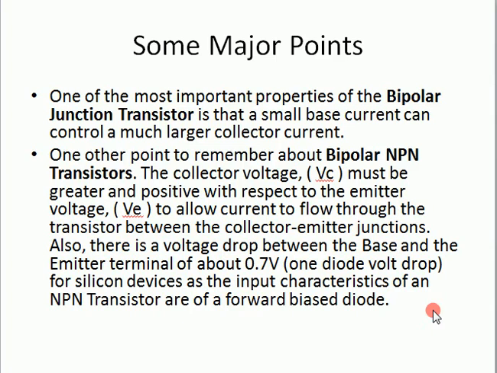And one more thing, in the bipolar NPN transistor, the collector voltage VC must be greater and positive with respect to the emitter voltage VE, to allow the current to flow through the transistor between the collector and emitter. Also, the voltage drop between the base and the emitter terminal is about 0.7 volt, which is the one diode voltage drop, the threshold voltage for silicon diodes, as the input characteristics of an NPN transistor are also those of a forward biased diode. These are all the things that we have mentioned earlier.